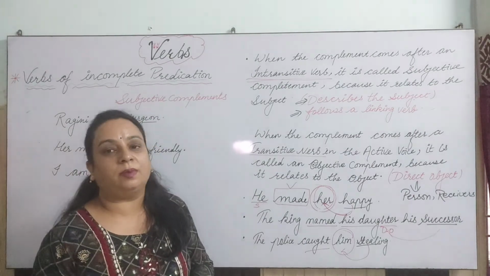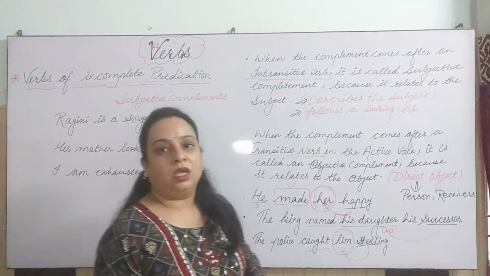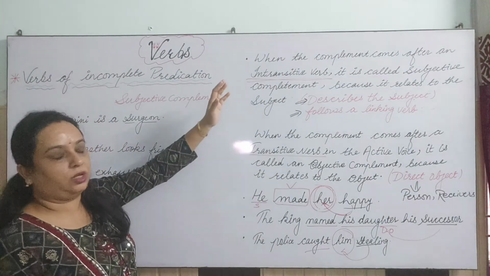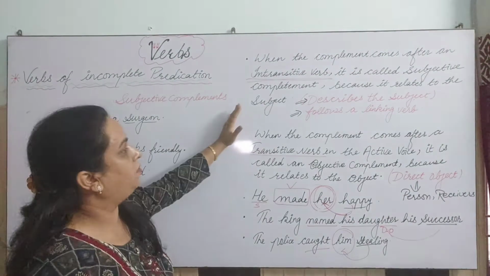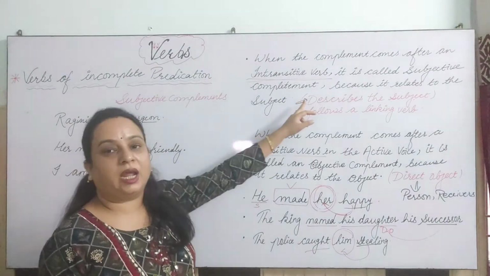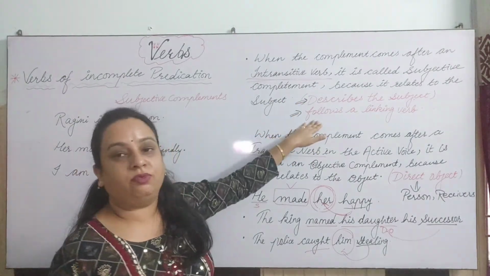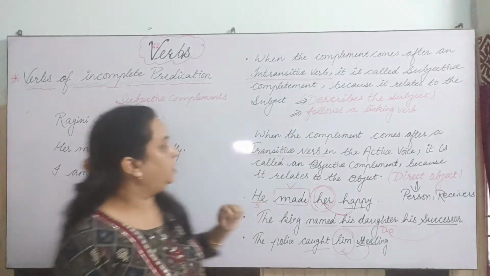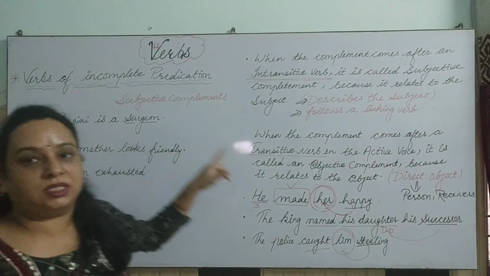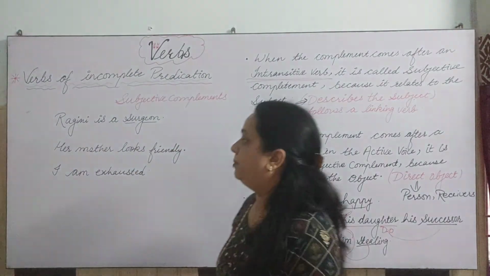Now let's discuss subject complements. Subject complements we have to do with the help of examples. I just told you that it will describe the subject and that it will follow a linking verb, right? Now, Ragini is a surgeon. This is an example of subjective complement.